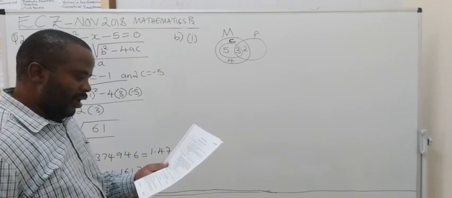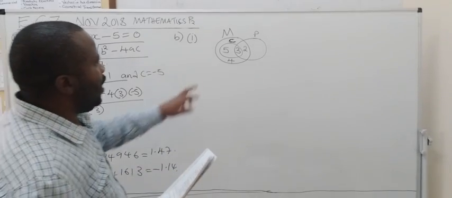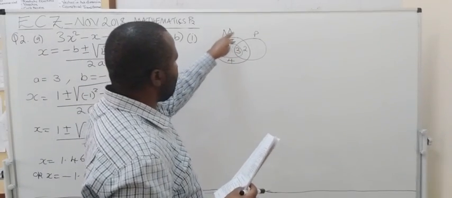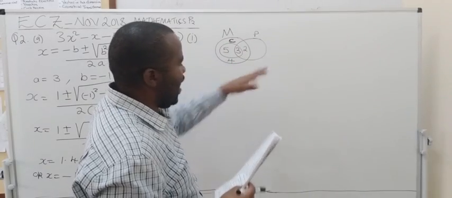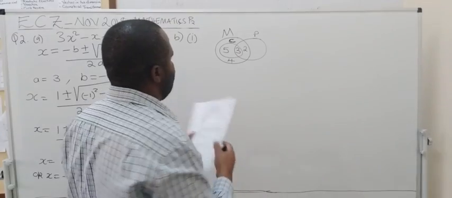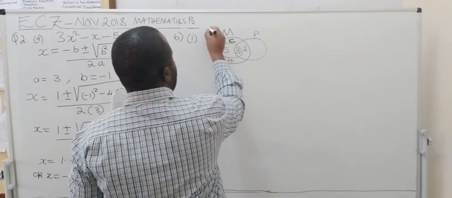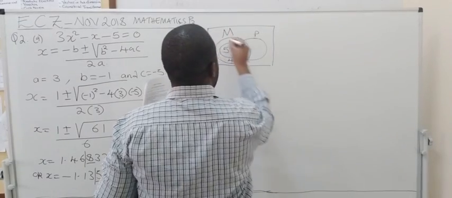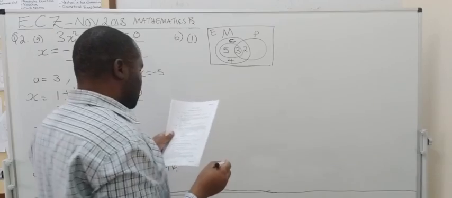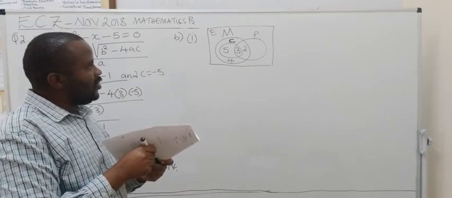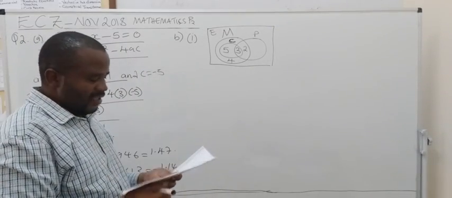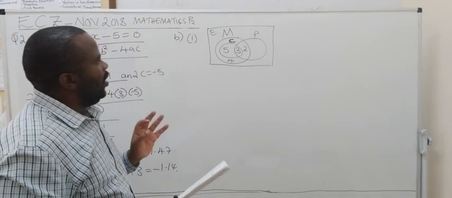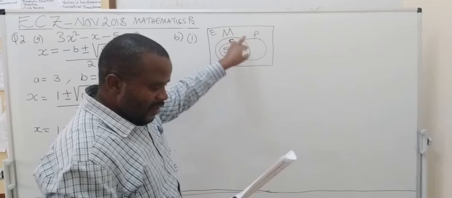Then, we need to look at all these numbers, and the total number of students. You can even put the Venn diagram here. You say E. We have 20 students in total. But now we are saying mathematics is 14.